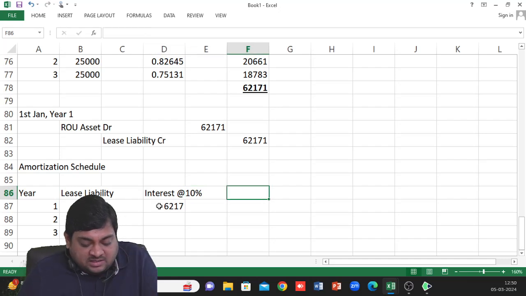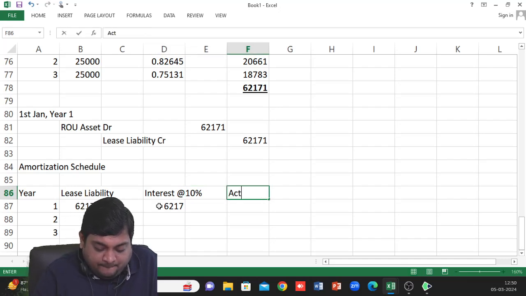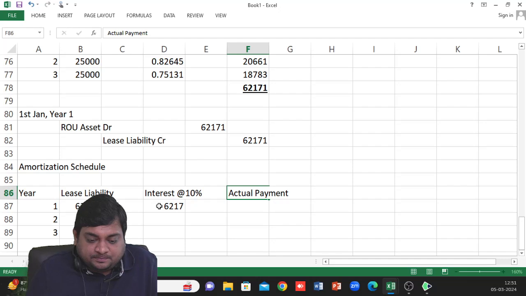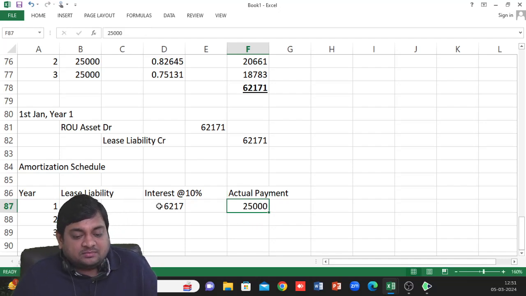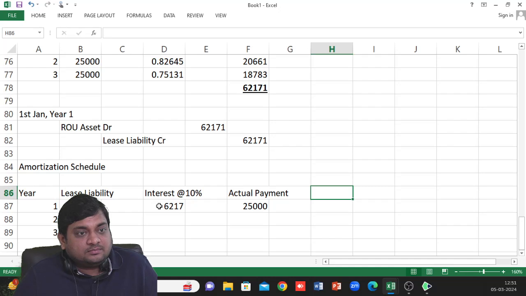So it means the actual payment that I am making is 25. Yes or no?